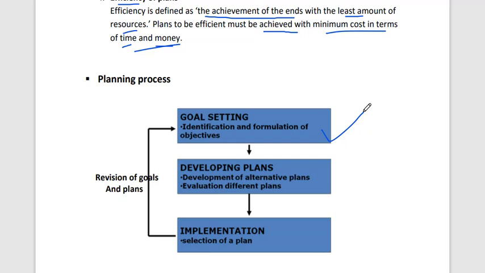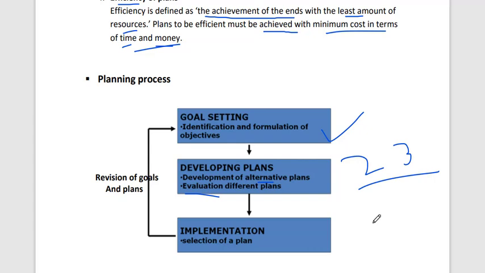Then we have to develop a plan. Development of alternative plans, let's say 2 or 3 plans, and then we have to evaluate them. So we can choose the best plan among 2 or 3 plans.